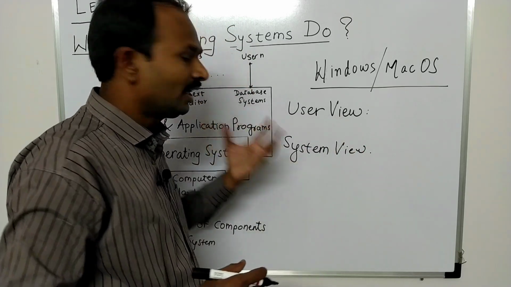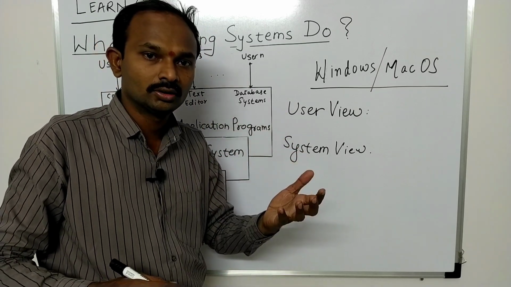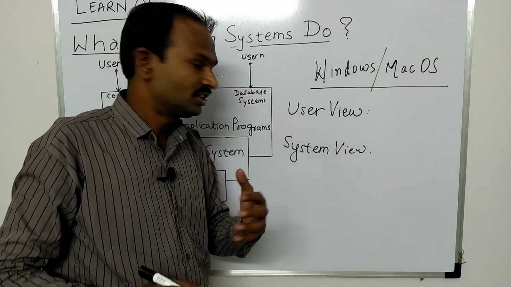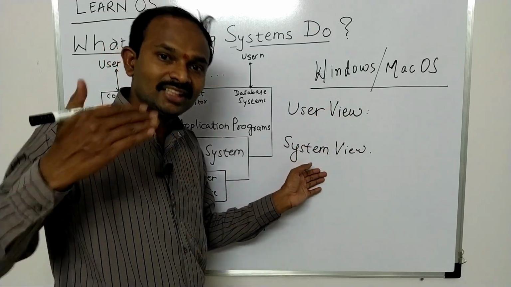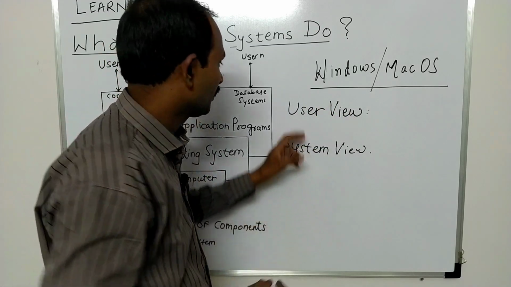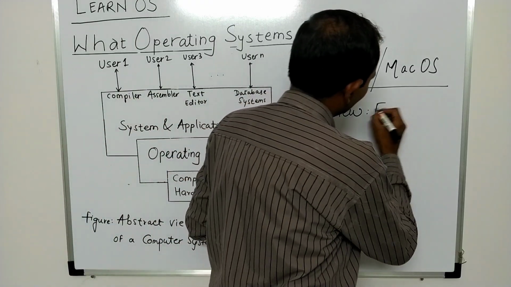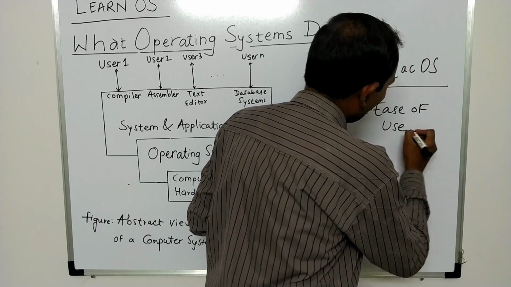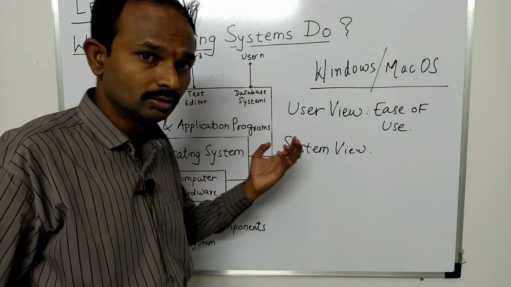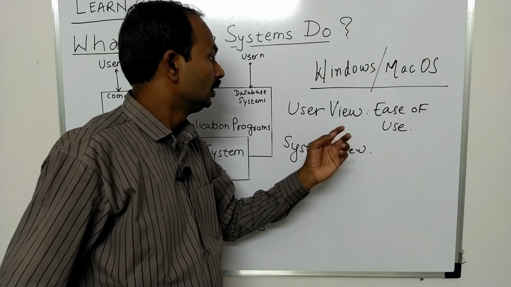Because the operating system is for users, we need to take into consideration what the user view is, and again on the system side, what the system's view is. So the user view is ease of use.